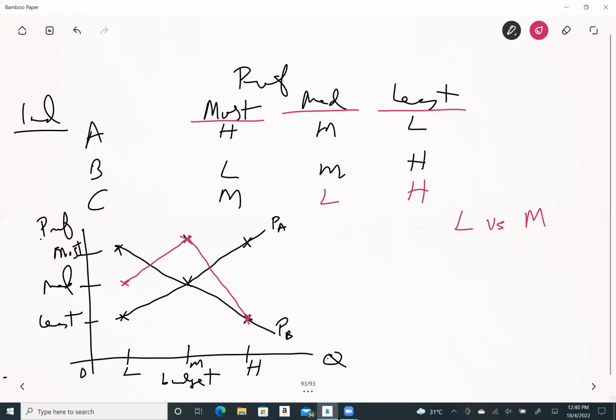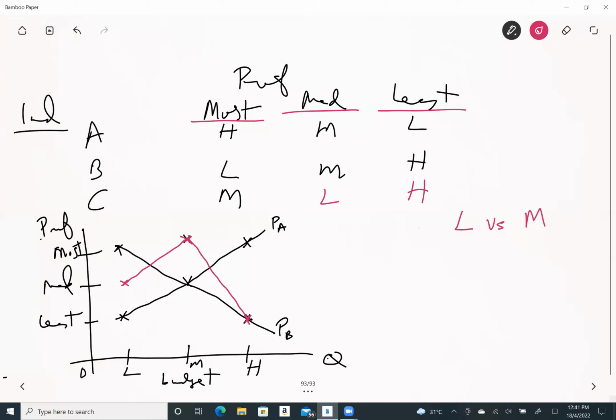Okay, now you look at L. Low versus medium. Macam mana cara dia? Saya pun dah lupa. Compare. Which one is higher in choice?